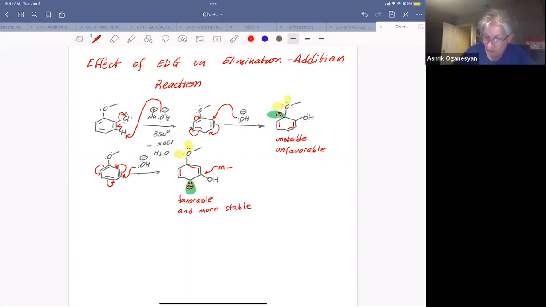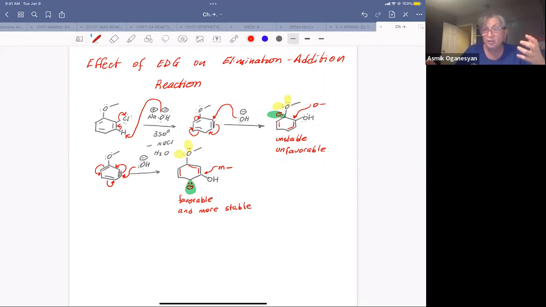Okay, so this was the unfavorable ortho substitution, and meta is better. Can we say that it's a great case? Absolutely not. It's not a good case because we are going to form a very unstable intermediate to begin with.